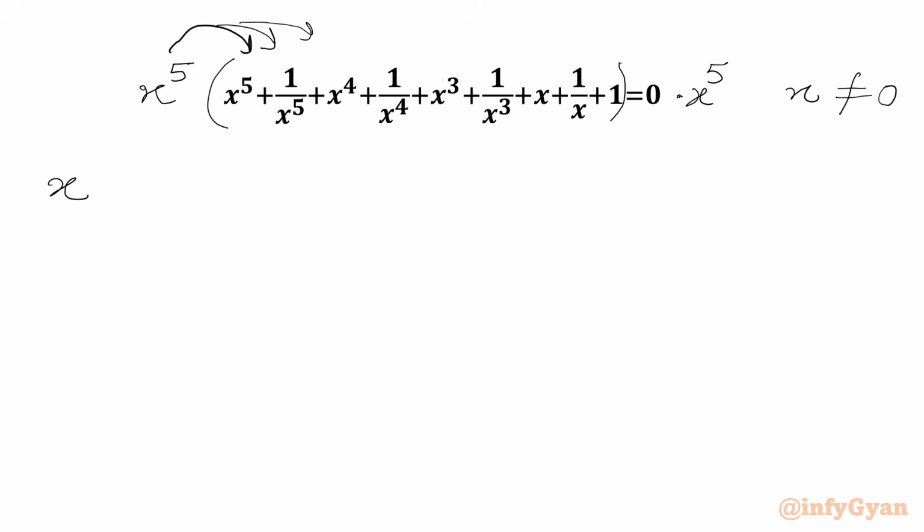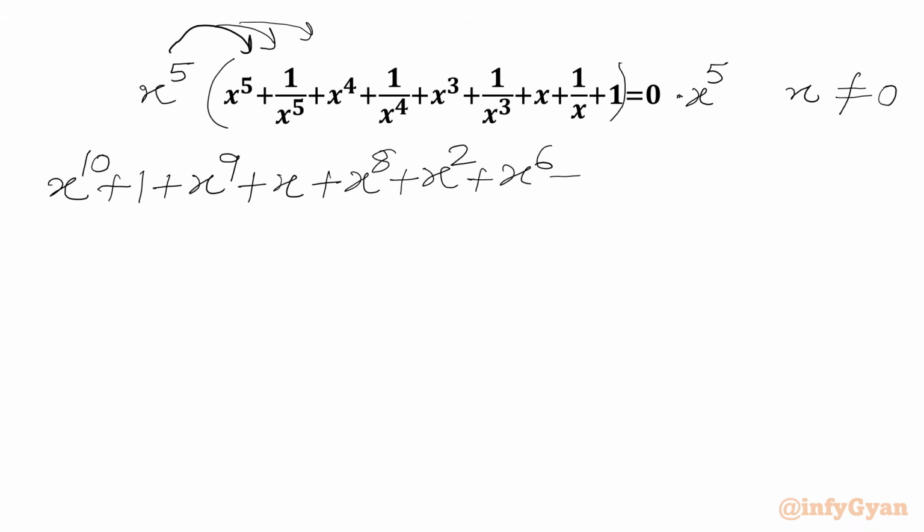We will get x power 10 plus 1 plus x power 9 plus x plus x power 8 plus x square plus x power 6 plus x power 4 plus x power 5 equal to 0.